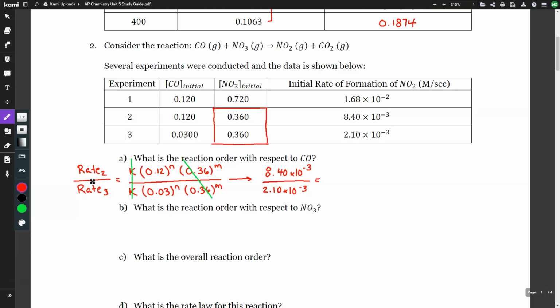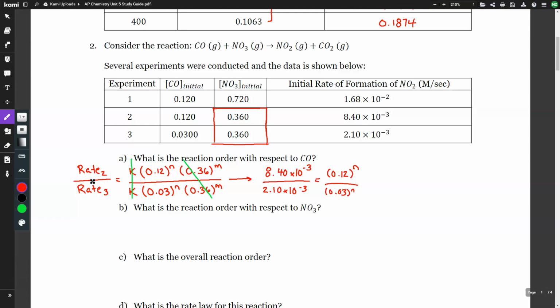Then we're going to carry over our concentrations. For CO, we have 0.12, and then for CO in experiment 3, we have 0.03.